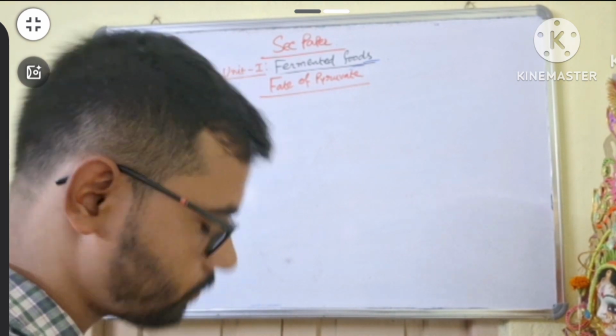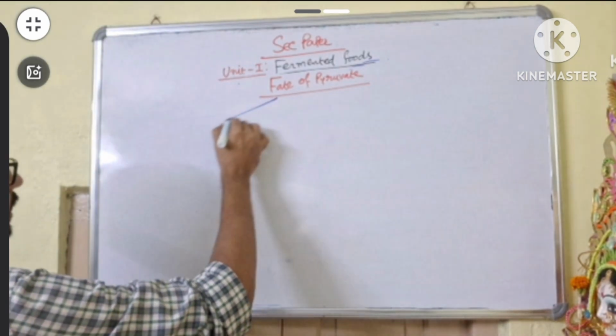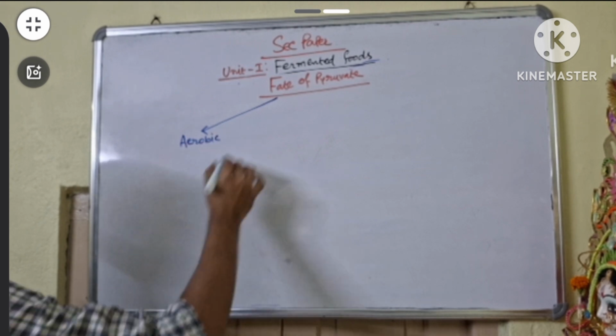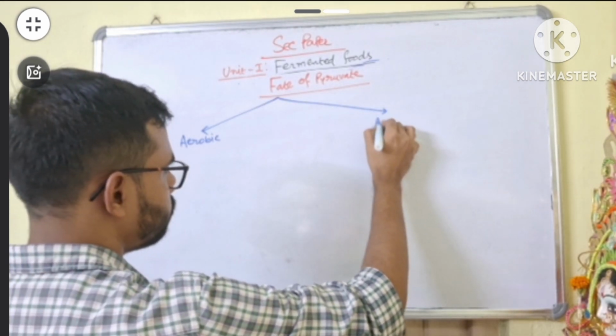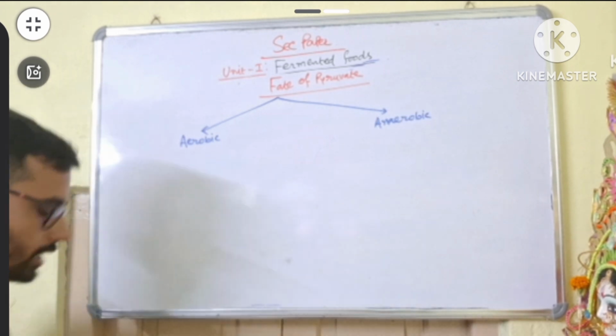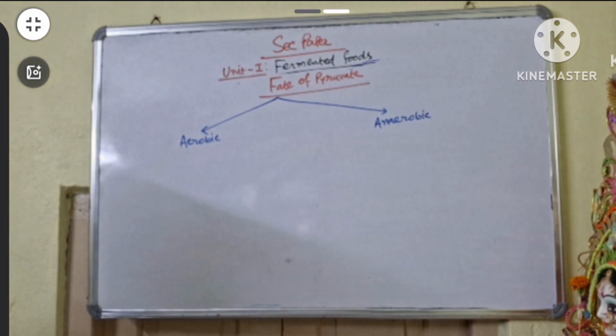Pyruvate has two options. It can enter aerobic respiration, or it can enter anaerobic respiration, depending on the cell's internal environment.